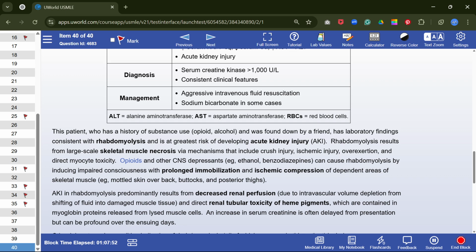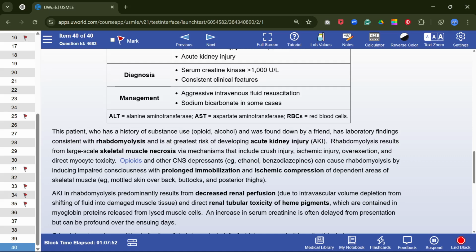This patient, who has a history of substance use, opioid and alcohol, was found down by a friend, and lab findings consistent with rhabdomyolysis put him at greatest risk of developing AKI.